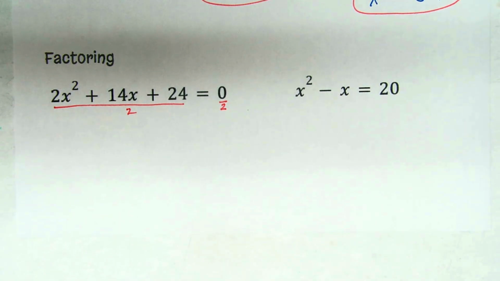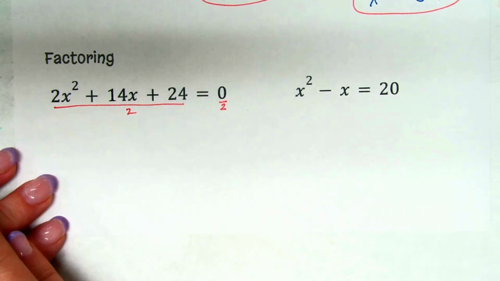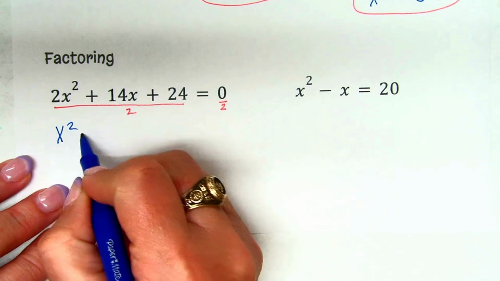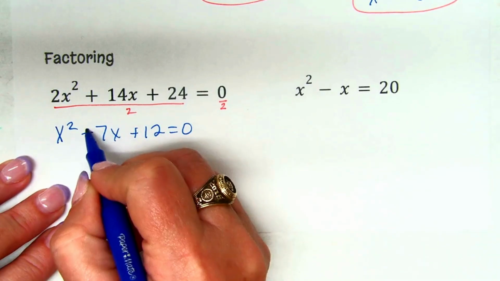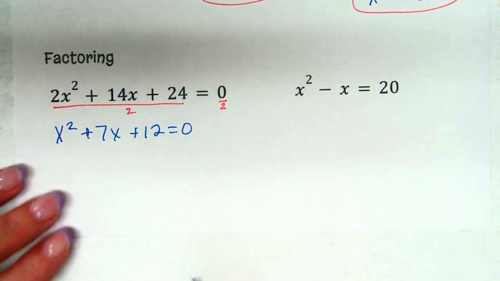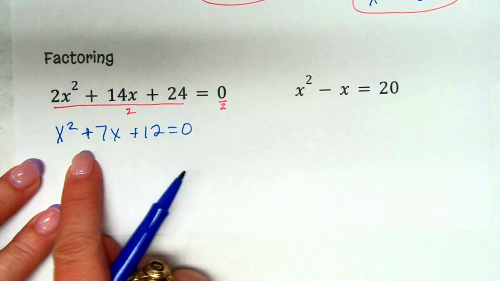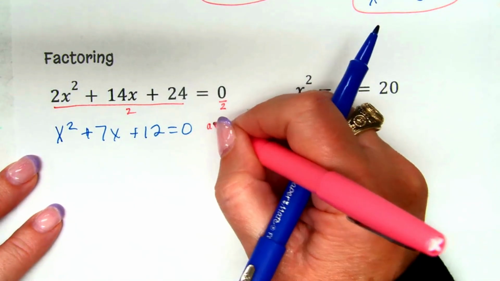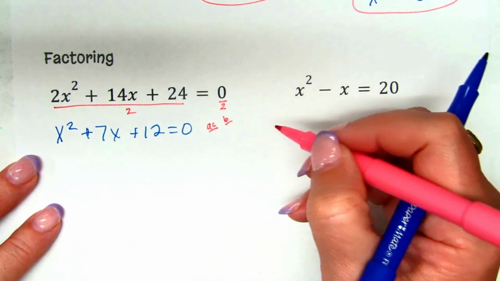So when I factor out a 2, what am I left with when I factor 2 out of each one of these terms? X squared plus 7x plus 12 equals 0 over 2. Equals, and what is 0 over 2? 0. Whoa. Now, how do you want to go about solving this? The x multiplies to what and then times. So AC? Yeah. So what's AC in this problem? 12.